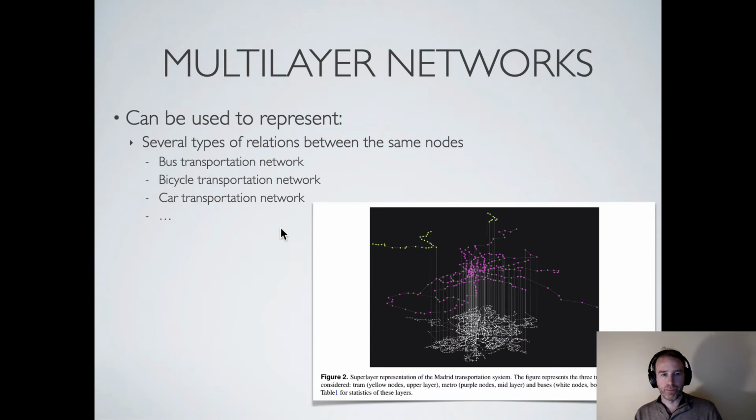Multi-layer networks are useful when you have several types of nodes and relations between nodes in different layers. For instance, in this picture, you have one layer corresponding to street networks, one corresponding maybe to buses, the other to subways, and you can go from one network to the other when there are interconnections.